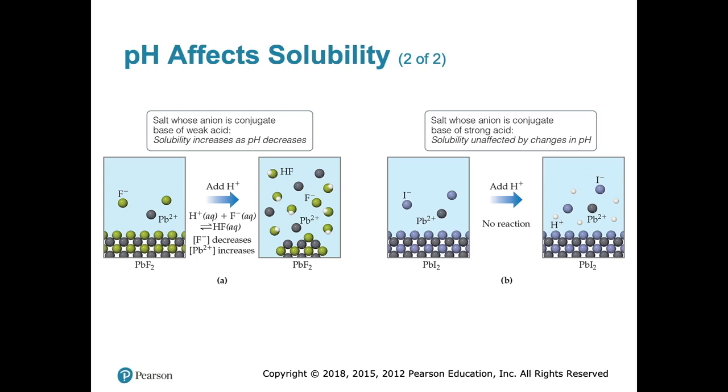So if the salt ion's conjugate base is the weak one, solubility increases, but when it's different, it doesn't even matter. Nothing changes. That's just one of those things you've got to remember.